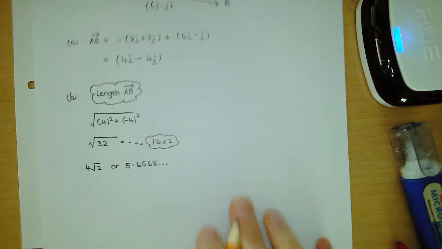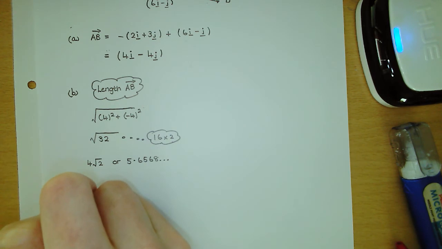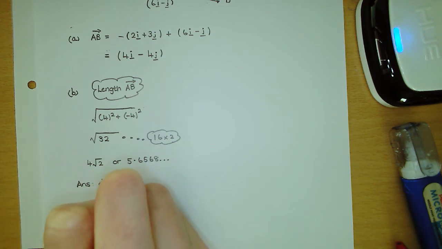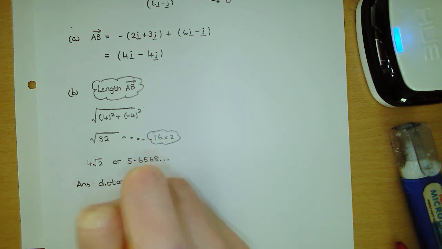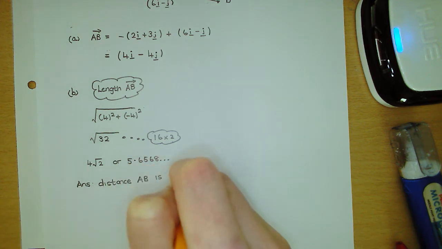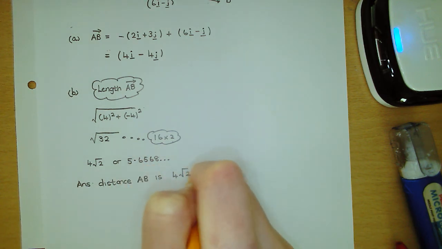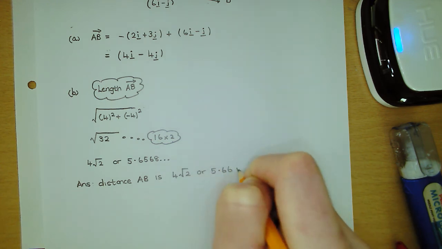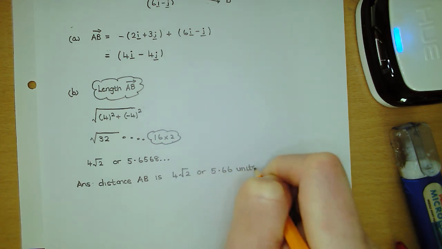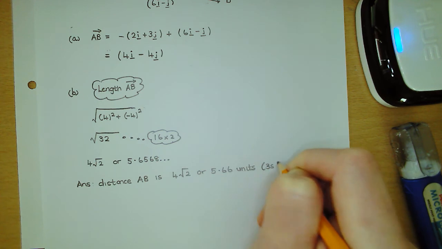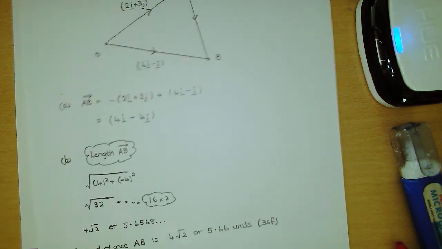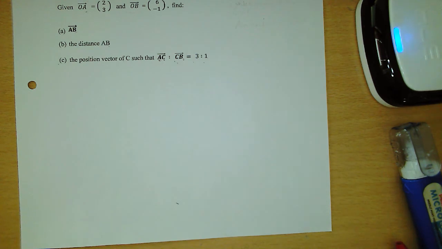So our final answer then, the distance AB is 4 root 2, or 5.66 units, and that's to 3 SF. Okay, let's look at part C.